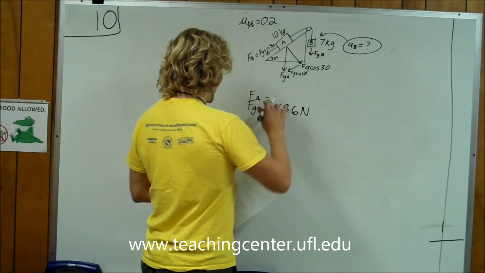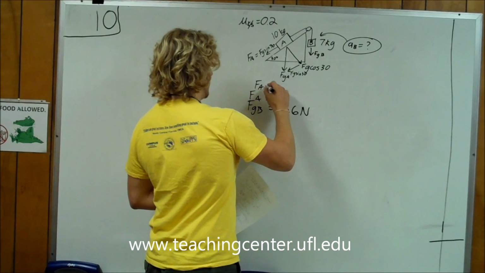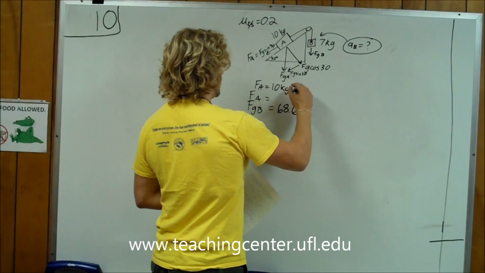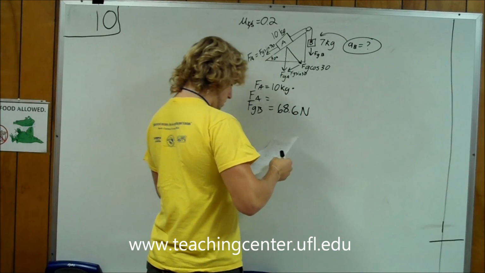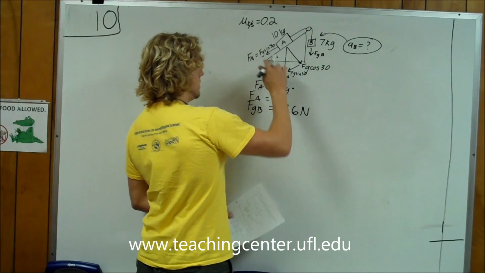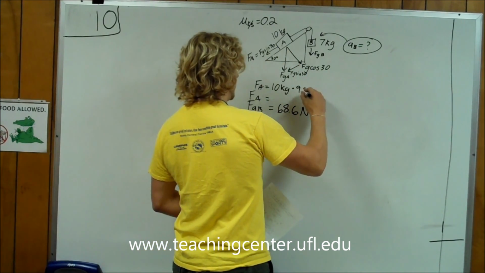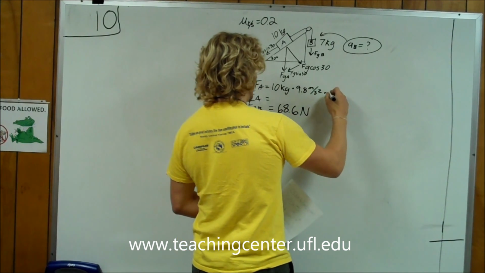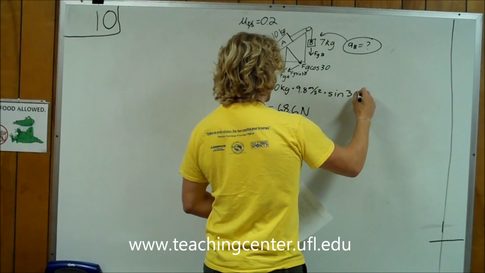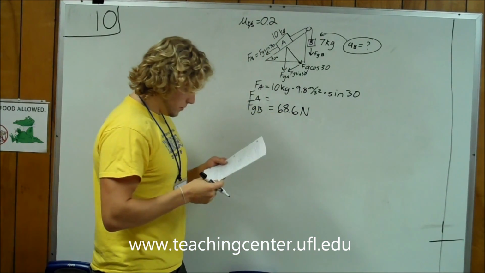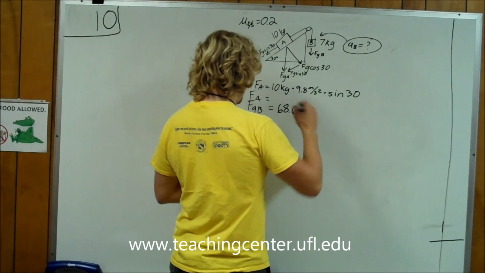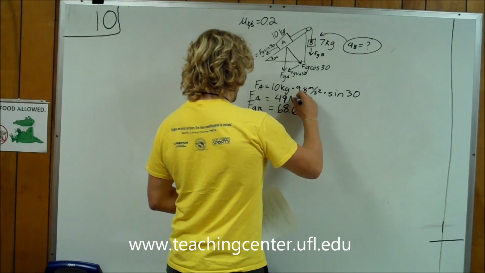FA is equal to 10 kilograms times 9.8 meters per second squared times sine 30. That equals 49 newtons.